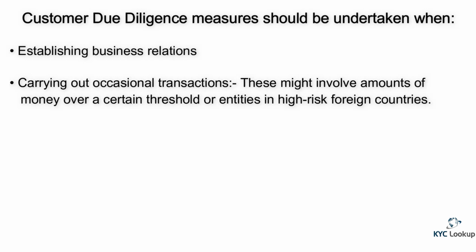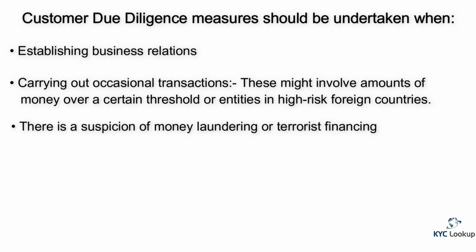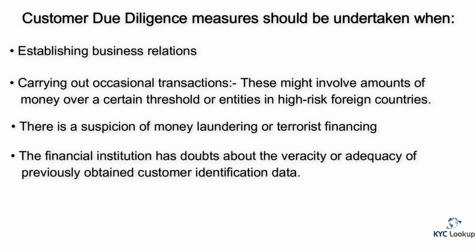These might involve amounts of money over a certain threshold or entities in high-risk foreign countries. There is a suspicion of money laundering or terrorist financing, or the financial institution has doubts about the veracity and adequacy of the previously obtained customer identification data.